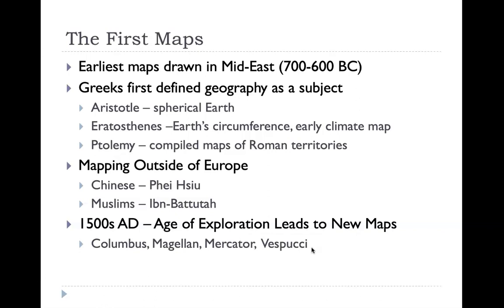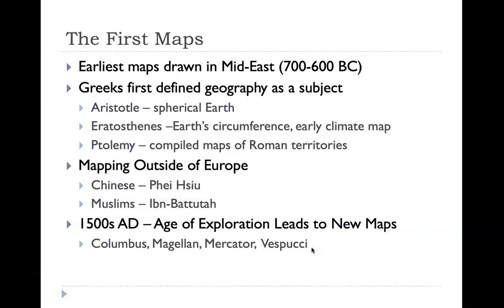And you have in the Muslim world, right? You have Ibn Battuta, which I probably didn't say right, but I'm going to do the best I can here. So when Europe goes into the Dark Ages, it's not like map making stopped. Things were going on well outside of Europe. Right? We do see a resurgence in map making in Europe during the Age of Exploration.